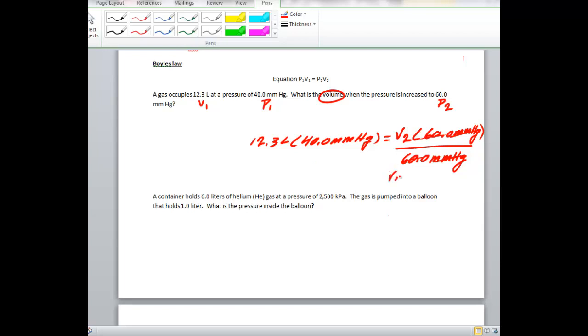So now I have V2 down here, and that's equal to 12.3 liters multiplied by 40.0 millimeters of mercury divided by 60 millimeters of mercury. I know that I can cancel that out. So if I multiply the top and then divide by the bottom, I come up with an answer of 8.2 liters.